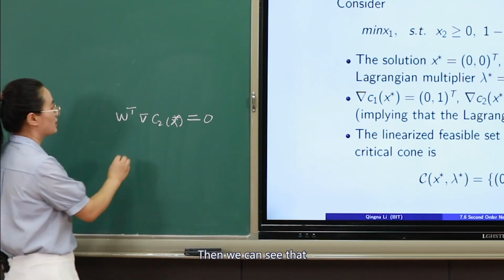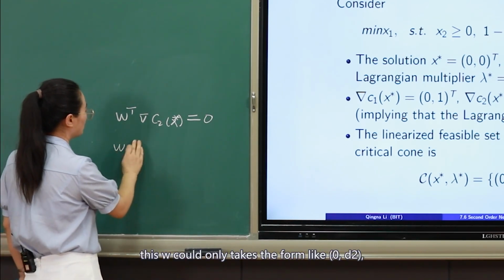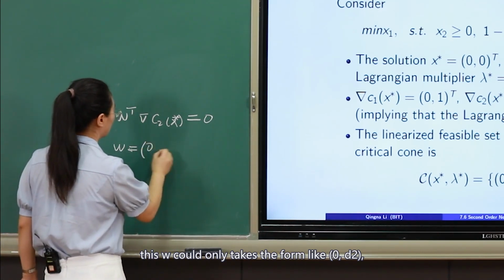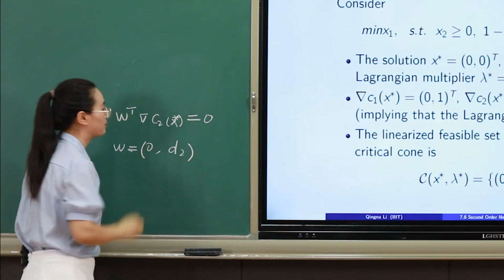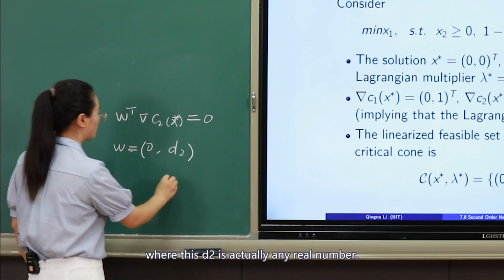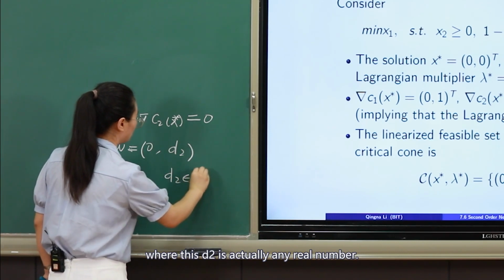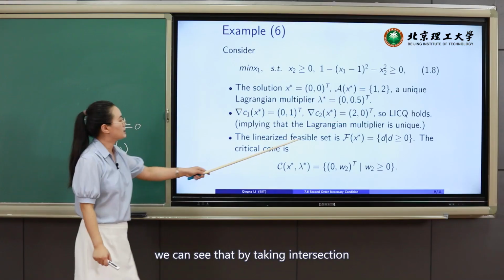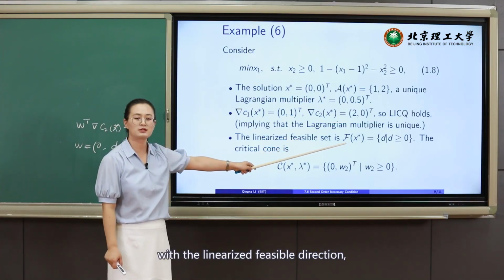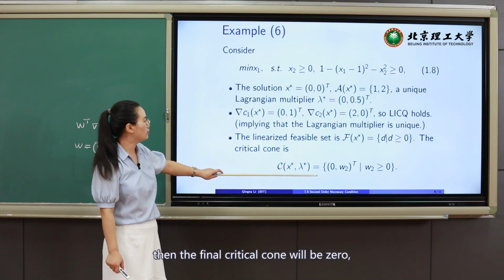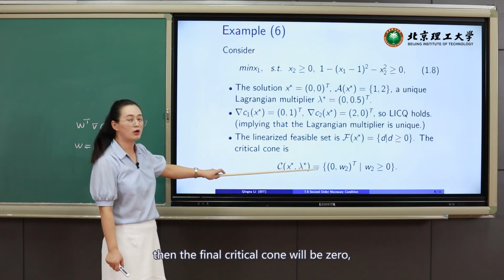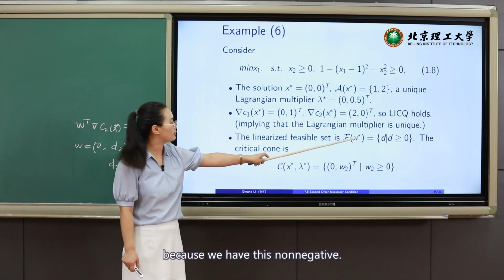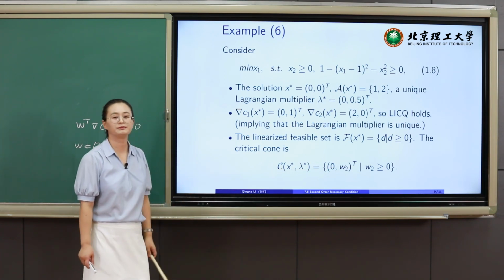Then we can see that this omega could only take the form 0 and d2, where d2 is any real number. Therefore, by taking the intersection with the linearized feasible direction, the final critical cone will be 0 for the first item, and the second one should be non-negative, because we have this non-negative condition.